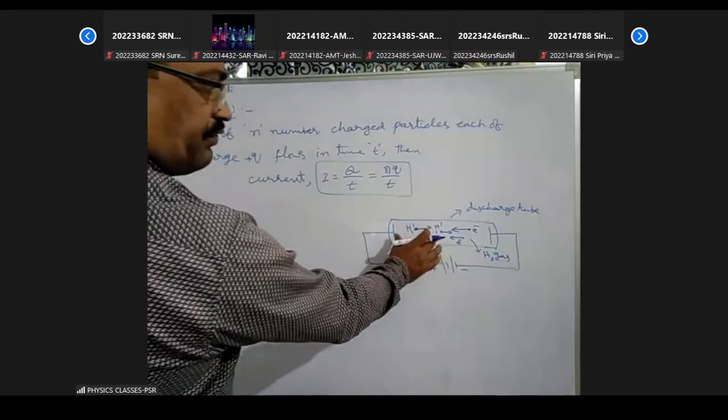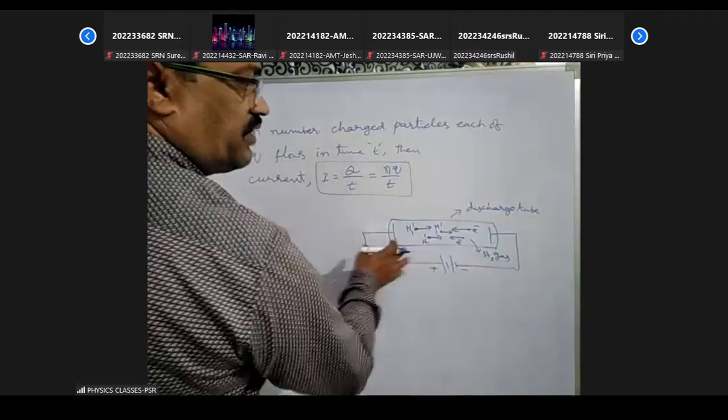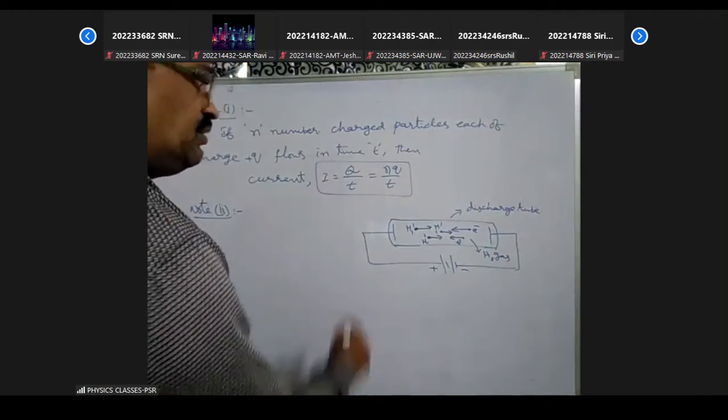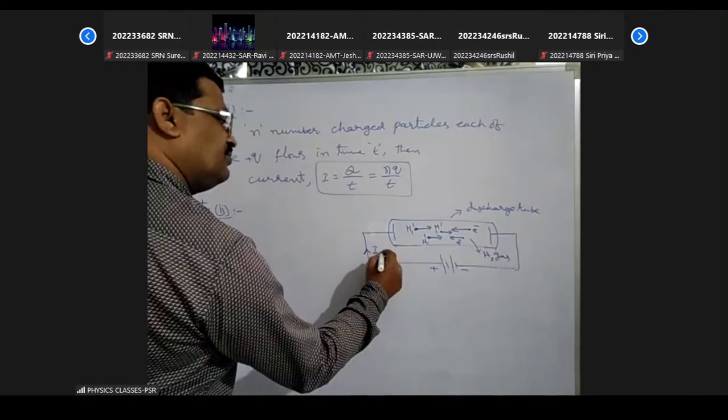If N1 protons and N2 electrons are flowing, then what is the current here? Current I is equal to how much?